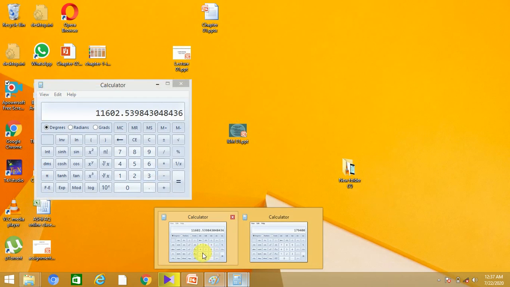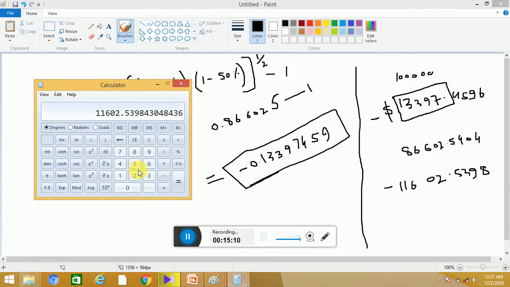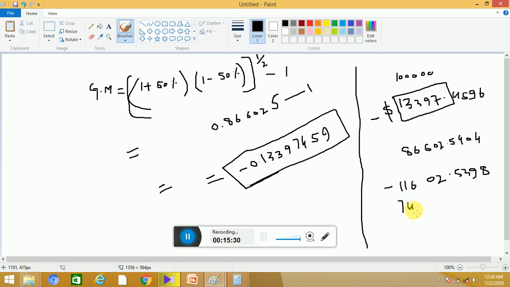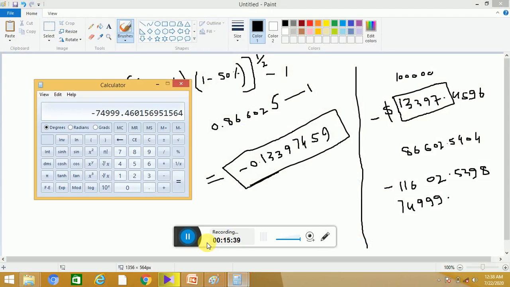So what will be our amount? From 86,602 we will deduct this loss. So we will get 74,999.460.